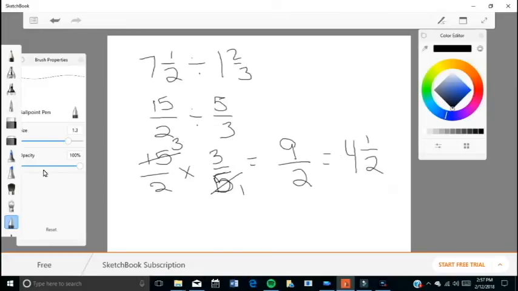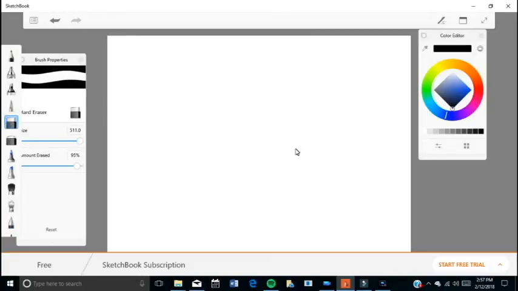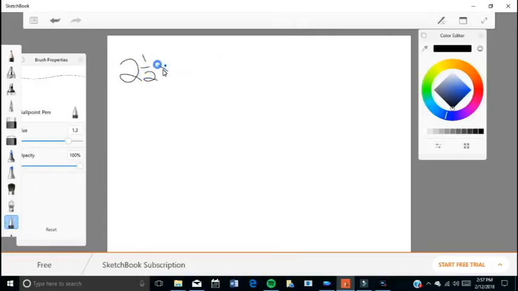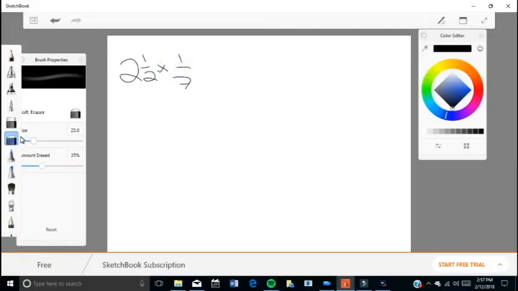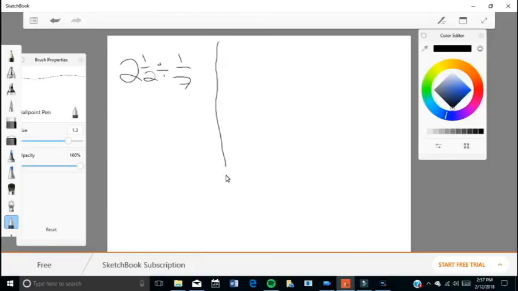Now let's look at a concept real quick. Because you're going to do a lot of ordering of numbers, so we should understand them. Let's do 2 and 1/2 divided by 1/7. Okay, so that's one thought.